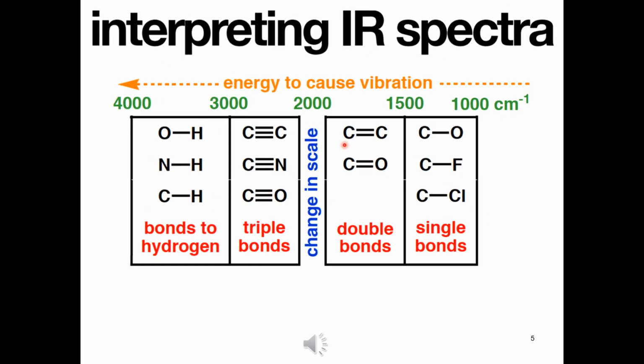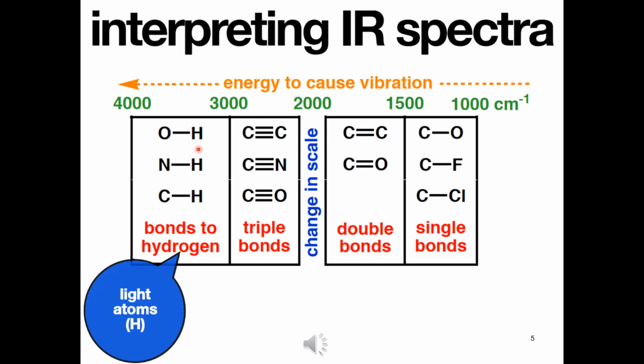The first region corresponds to atoms that are bonded to light atoms. These are typically carbon-hydrogen, nitrogen-hydrogen, and oxygen-hydrogen bonds. These are also typically single bonds. However, if you remember, we said that shorter bonds require more energy to vibrate, and so it is usually easy to spot, say, triple bonded groups in that region.